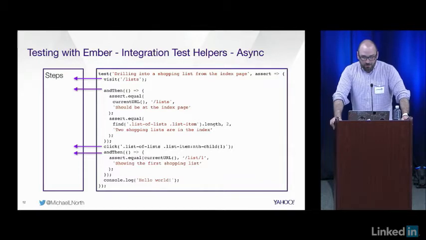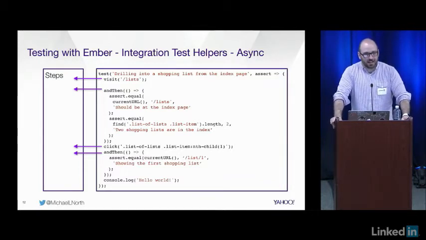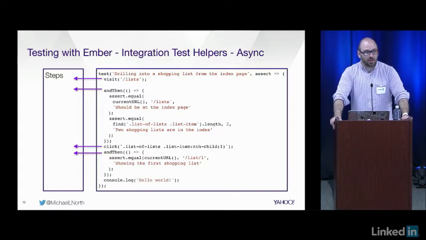So this is one of the things that we're wrestling with a little bit at Yahoo. We've tied ourselves into a mess with some projects. The console log will get printed to the screen before we actually transition to drill into the shopping list. Although reading this, if you don't know the background, if you don't know that under the hood you're constructing a promise chain, it might look otherwise.